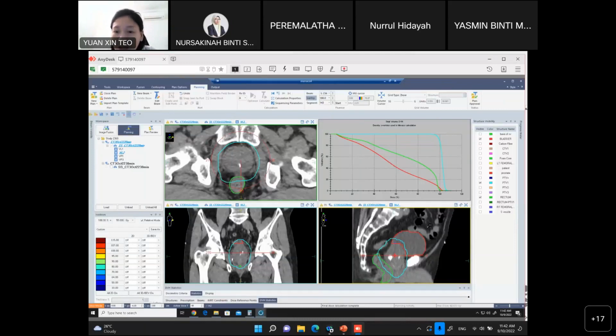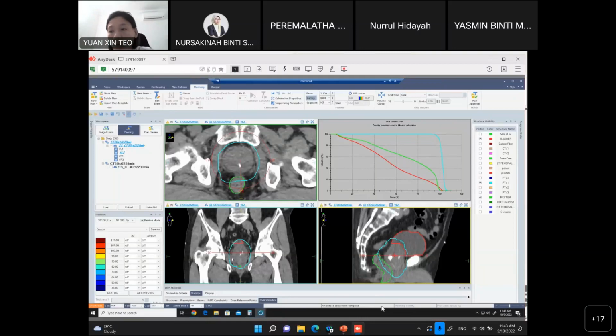And then for the rectum, the doctor normally will prep the patient before they come to the simulation. If the rectum is full of feces or a lot of gas, we can't proceed with the simulation, because it is very difficult to do a treatment plan, and the toxicity to the rectum will be very difficult to judge day to day.